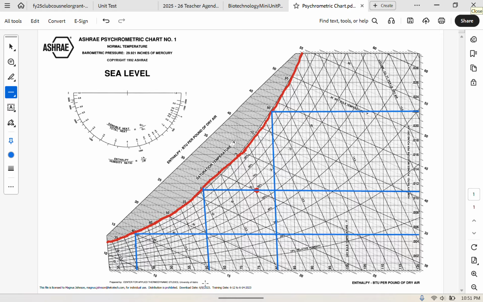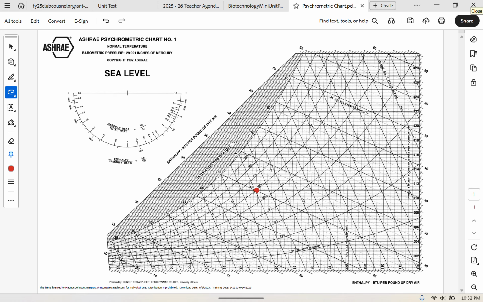But then when we go again from 60 to 80, we get to about 0.022. So actually in both cases they're doubling. So you can see that exponential growth in the total humidity that can be held in the air as that temperature is increasing. So returning to that point that we plotted earlier at the 65 wet bulb, 75 dry bulb line, you'll see that it lies on the 60% humidity line.